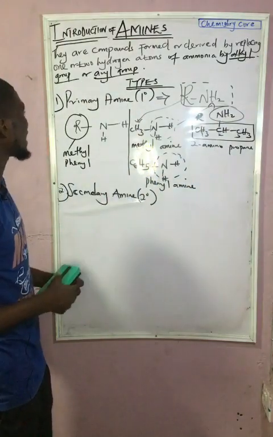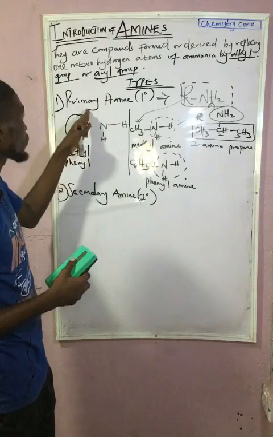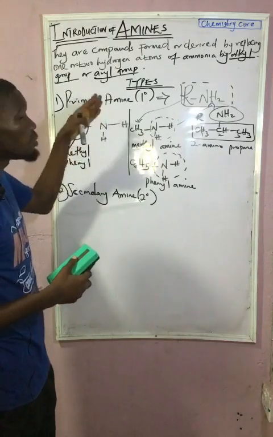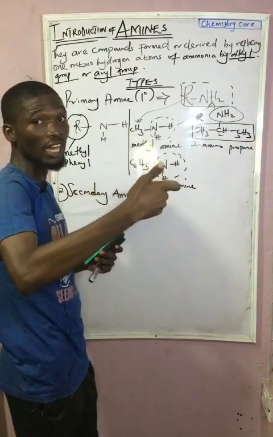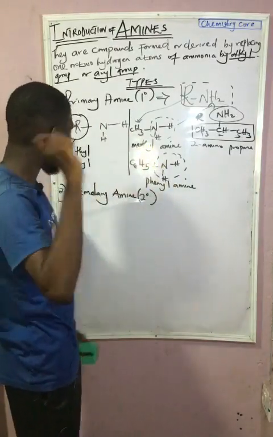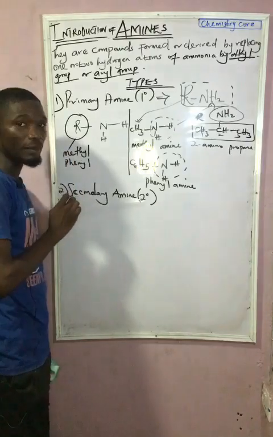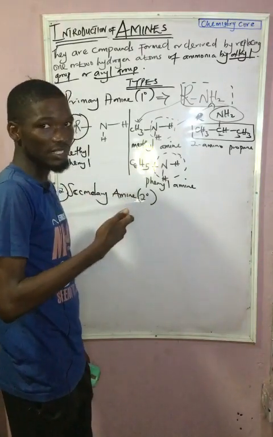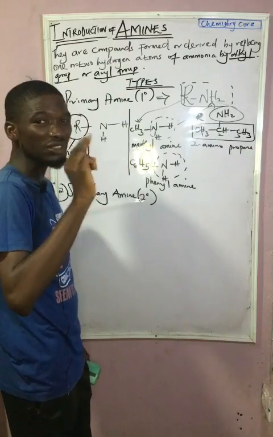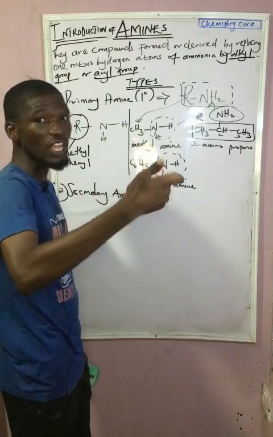Don't forget I told you guys that every primary amine involves the replacement of one hydrogen atom of ammonia by an alkyl group. And what is a secondary amine? A secondary amine involves the replacement of two hydrogen atoms of ammonia by alkyl groups.